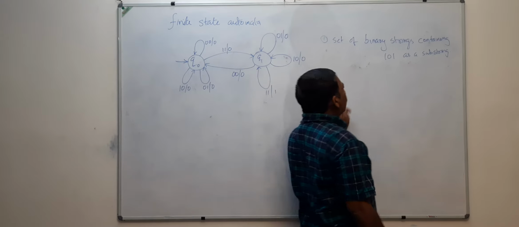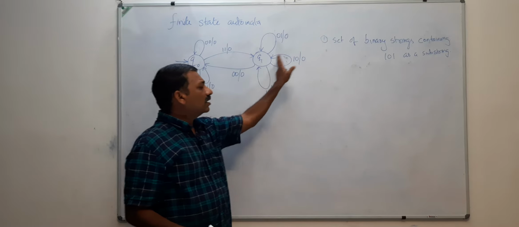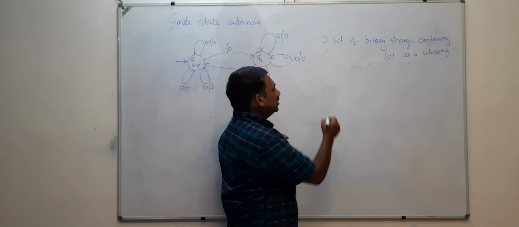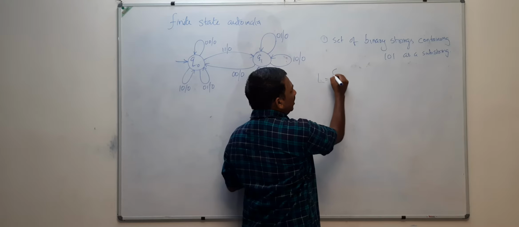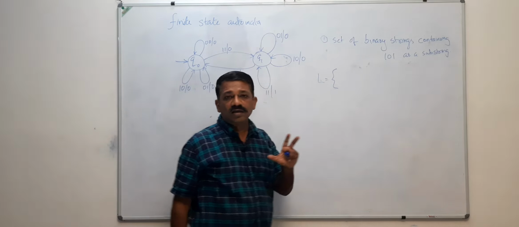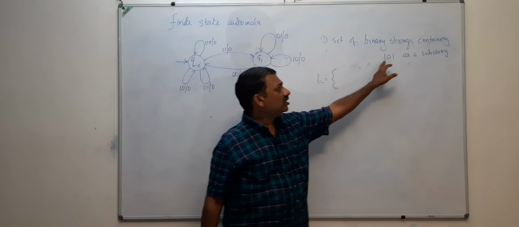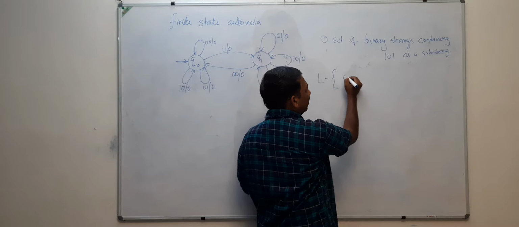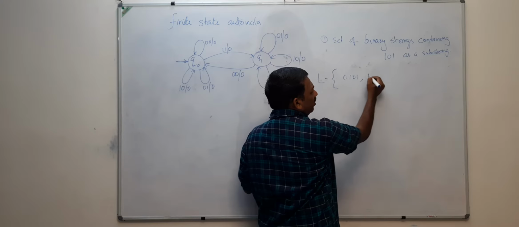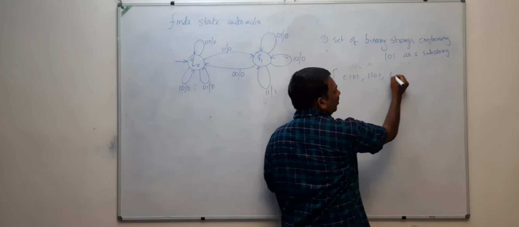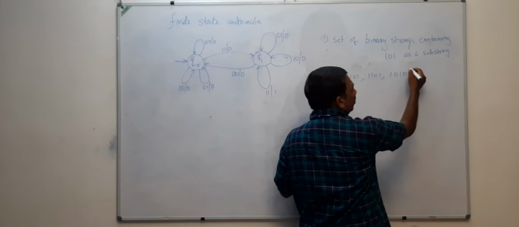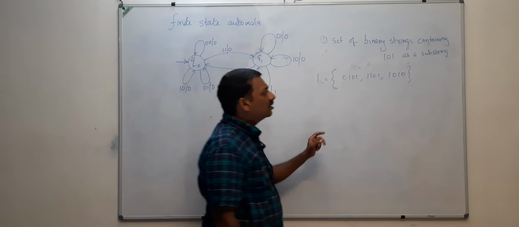This is an example of a language. That means the language accepted is any binary string which contains 101 as a substring. For example, 0101, 1101, 1010. These are all examples of such strings.